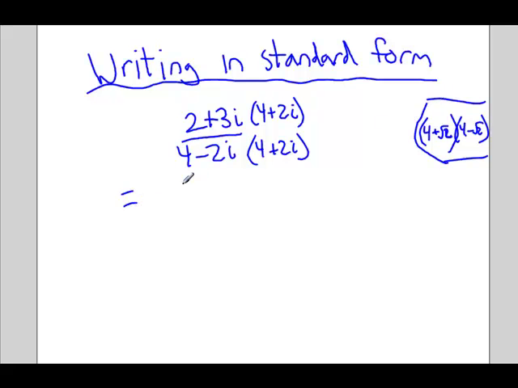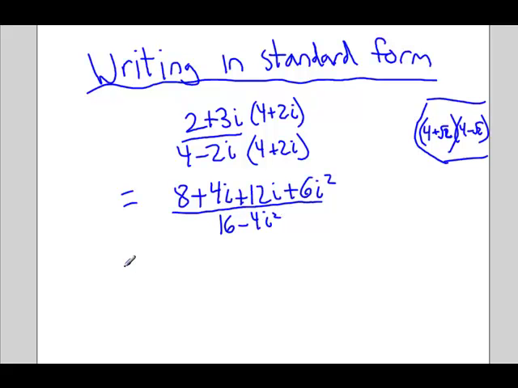On the top we get 8 plus 4i plus 12i plus 6i squared, over the bottom, which becomes 16 minus 4i squared. Remember, when we multiply something by its conjugate, we get rid of the i's.